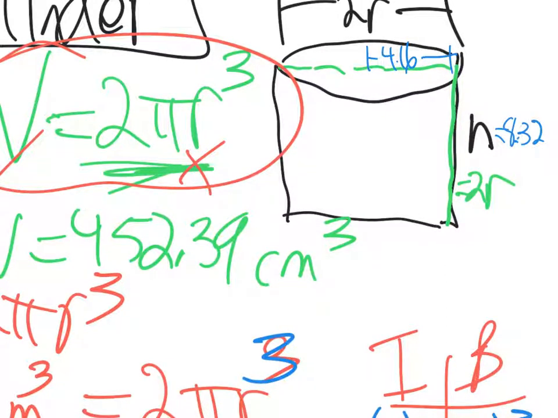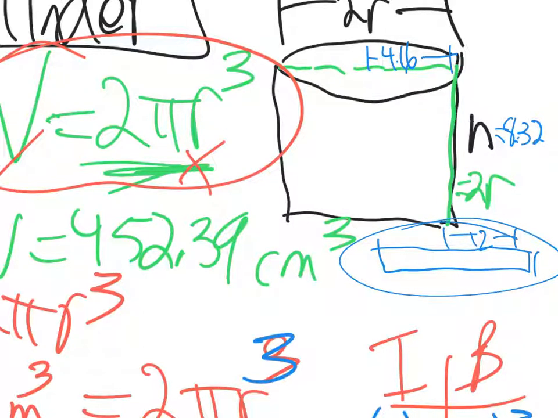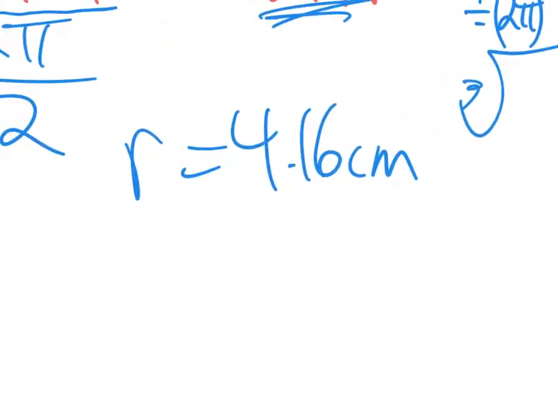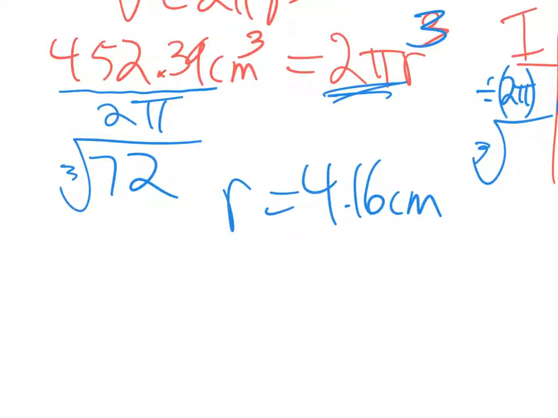The other cylinder, remember, had a radius of 12 and a height of just 1. So it was long and thin, much bigger than that, obviously, compared to the drawing I've got above. But you get the idea. So the radius is 4.16.